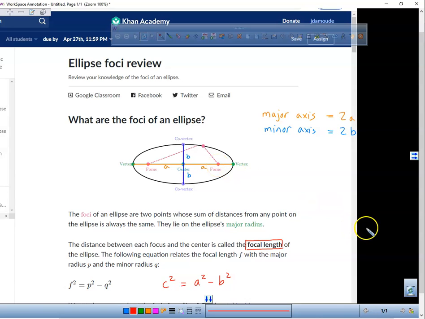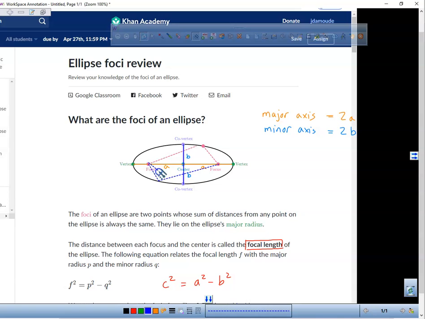All right. So right now, what makes an ellipse an ellipse? I want you guys to understand that if I were to create another distance, let's say I go from here to there, and I go from here all the way to there, no matter what, these distances from the focus to any point to the other focus will always be equal.